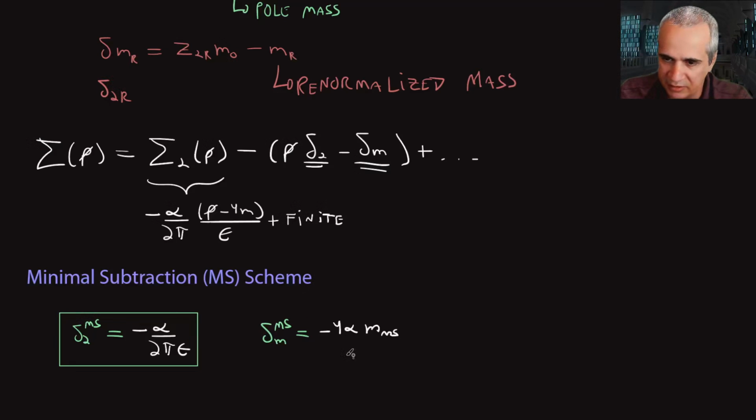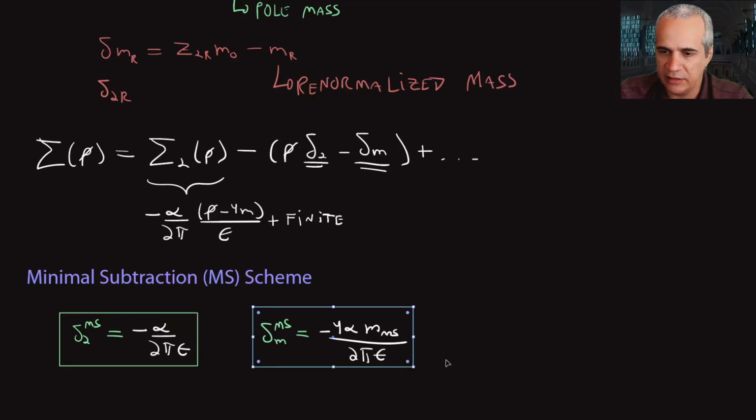So remember that I'm using this scheme. Of course, there's the same 2 pi epsilon here. The effect of that is just removing the divergence here. We get really simple counterterms in terms of calculation, but now it's harder to see physically what I am assuming here.